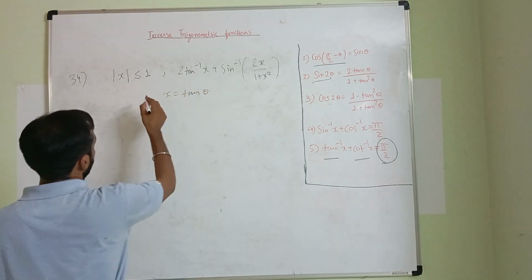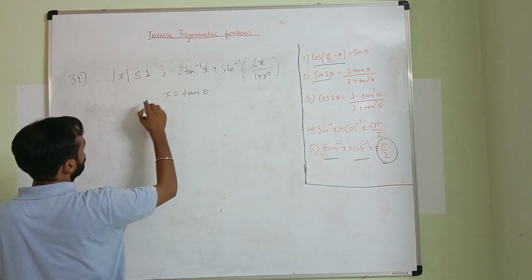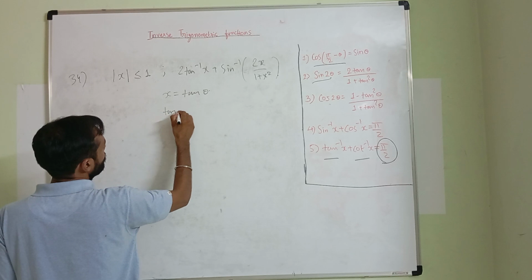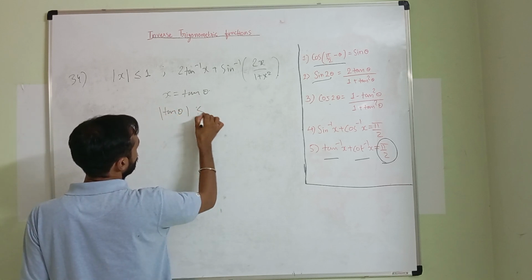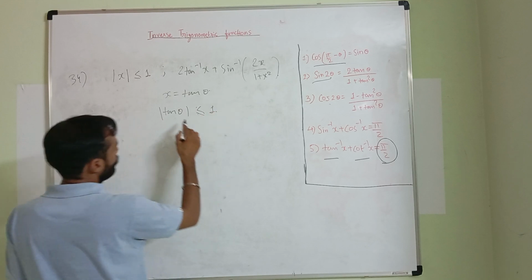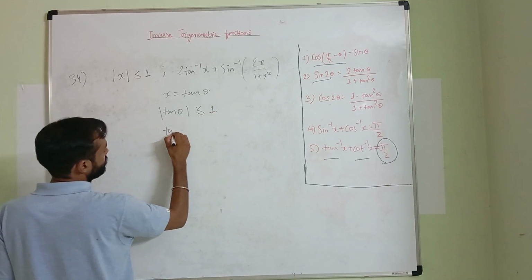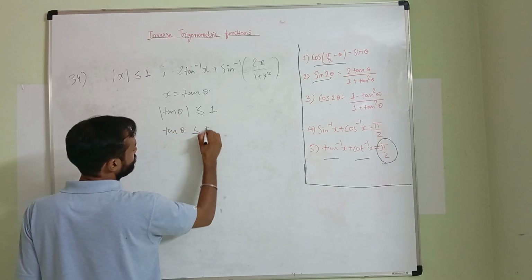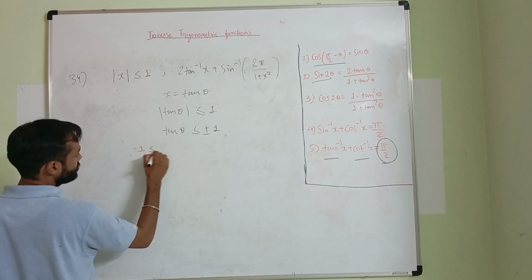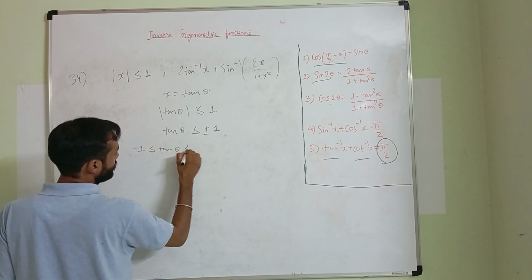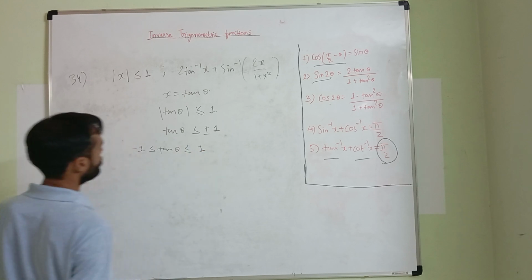And since mod of x is less than or equal to 1, hence mod of tan theta will be less than or equal to 1. On removing the mod, we will get tan theta less than or equal to plus or minus 1. So we can write minus 1 less than or equal to tan theta less than or equal to 1.